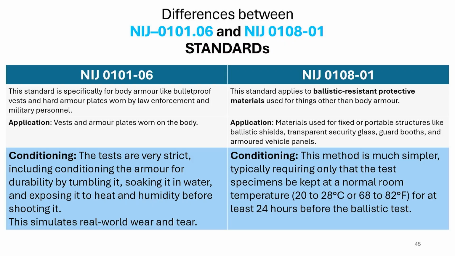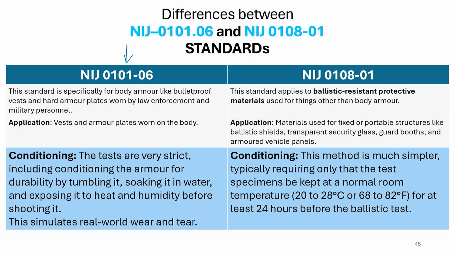Next, what type of conditioning is required? If you see, in both the standards they have entirely different types of conditioning. For 101.06 the conditioning is required because people are wearing that type of vest.